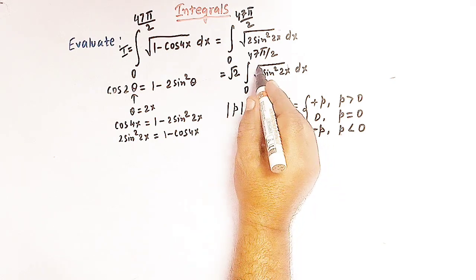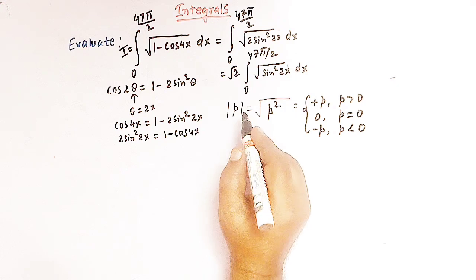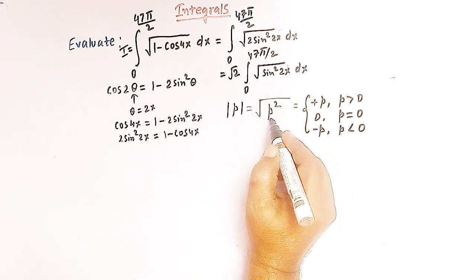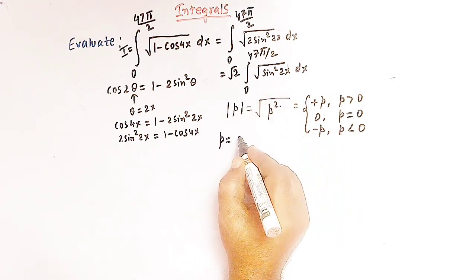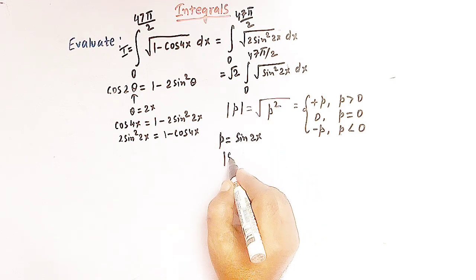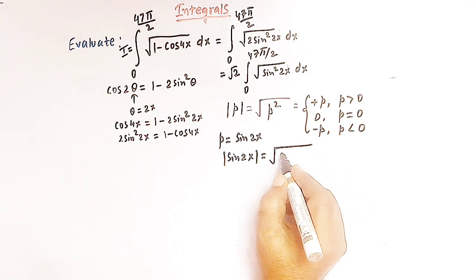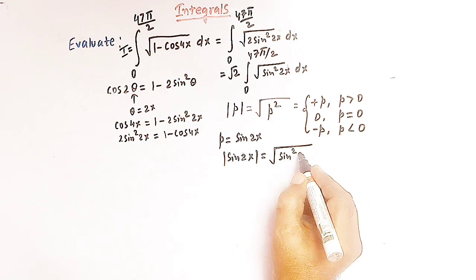So here we have the square root of sine square 2x. Let us replace this p by sine 2x. So mod of sine 2x is equal to the square root of sine square 2x.